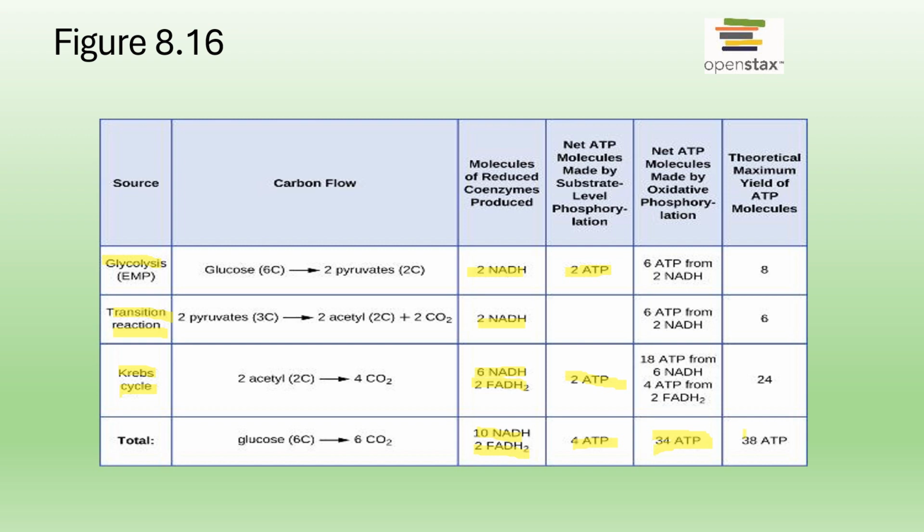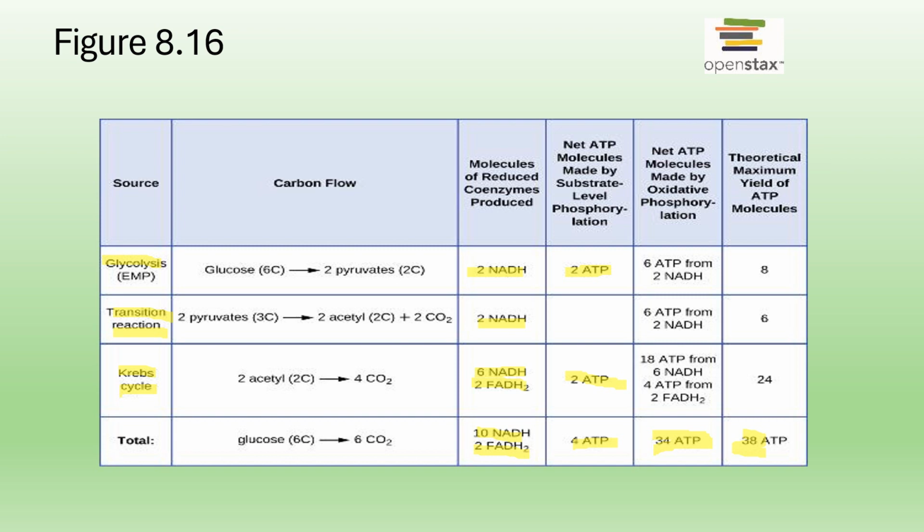For prokaryotic cells, that is a total of 38 ATPs per glucose. That's quite a bit. In eukaryotic cells, the number is only 36 total ATPs generated, and that is because in a eukaryotic cell, glycolysis occurs in the cytoplasm, but then that pyruvate has to be transported across the mitochondrial membrane before the transition step.